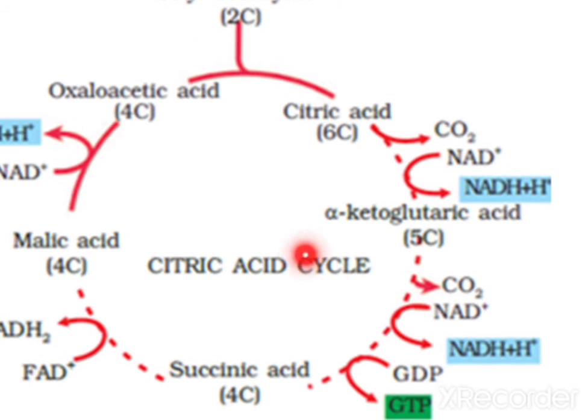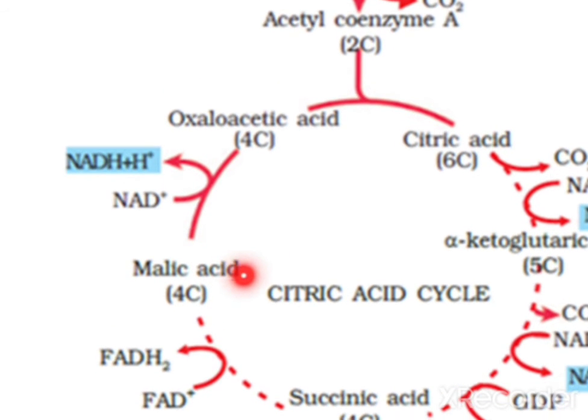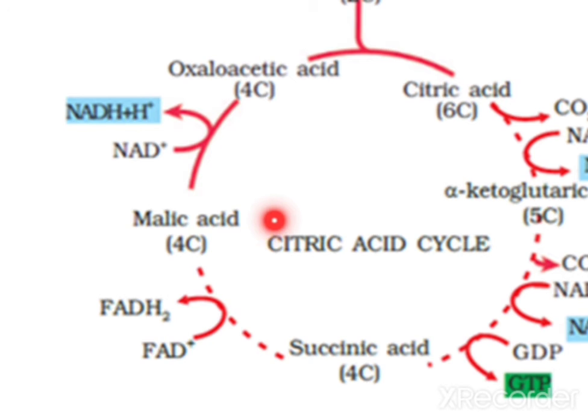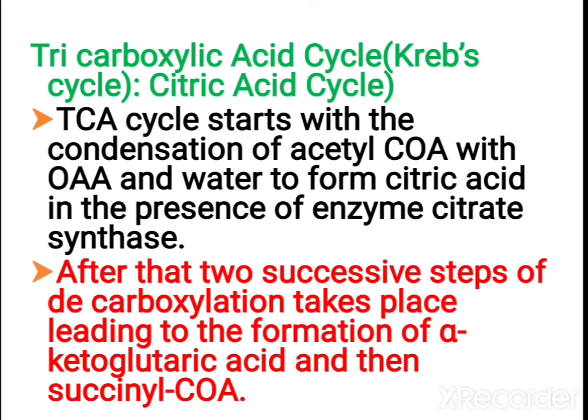From this, one molecule of carbon dioxide is again released, giving the 4 carbon compound succinic acid, and later malic acid, and then oxaloacetic acid. These are the steps involved in the tricarboxylic acid cycle or Krebs cycle. Whatever we studied is all that is written here, nothing else.